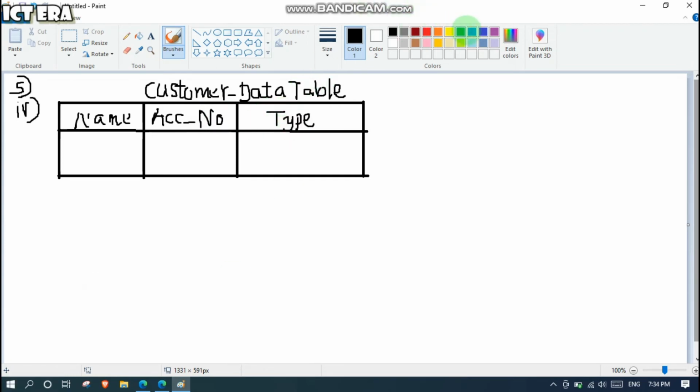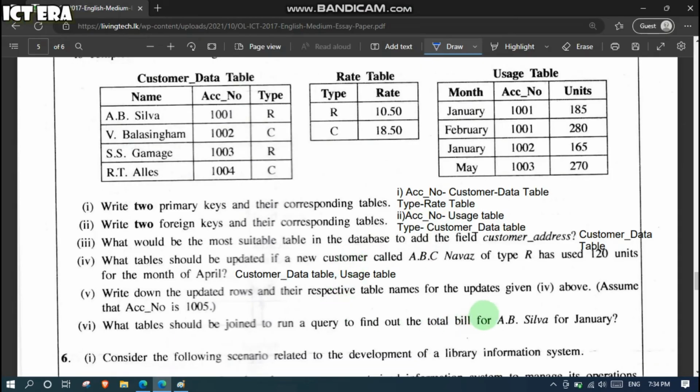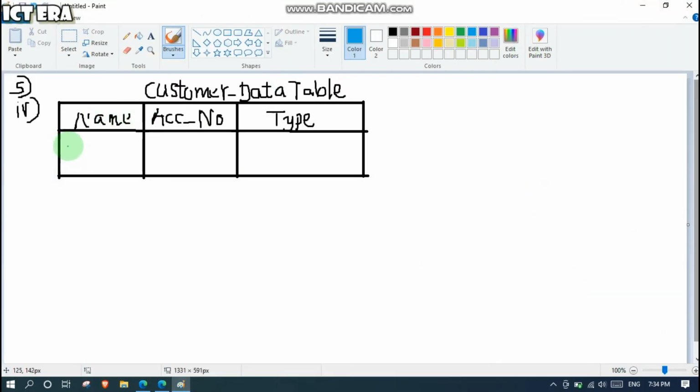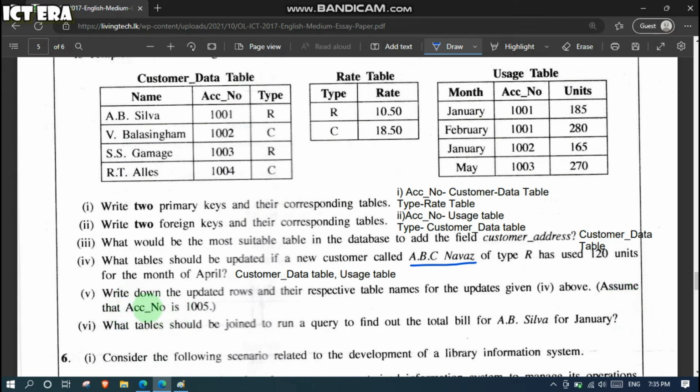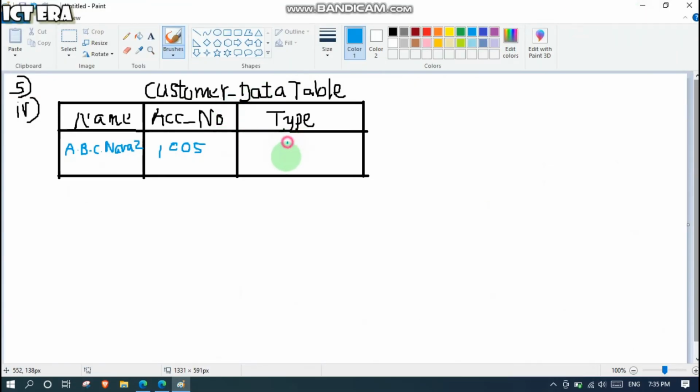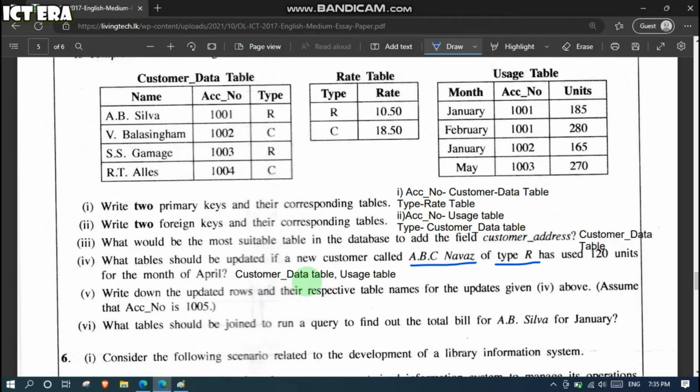Now the name of that person is ABC Nawaz. And then ACC number, the question has given that assume the ACC number as 1005. Then the type he is using is type R. Right.